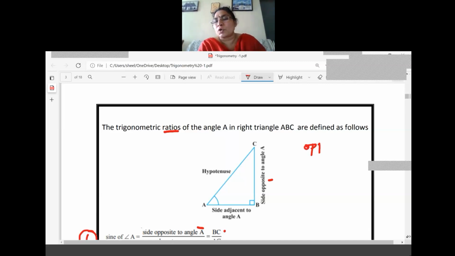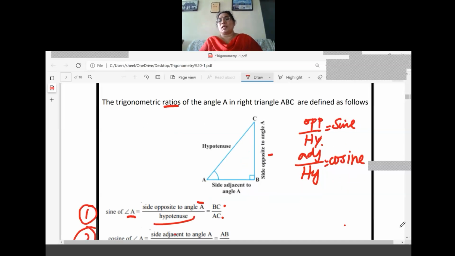What is the name for opposite by hypotenuse? Sine, right? Next, adjacent divided by hypotenuse. What is the name for this one? Cosine, right? Next, opposite by adjacent.